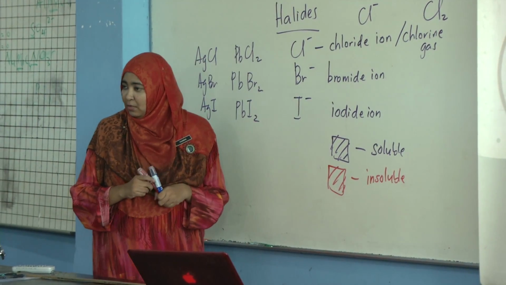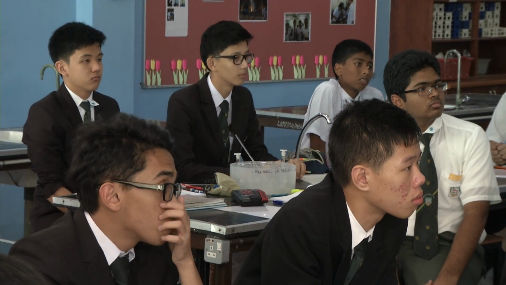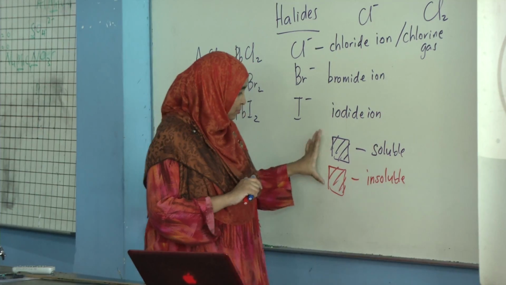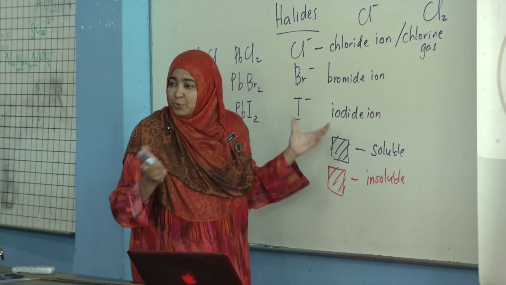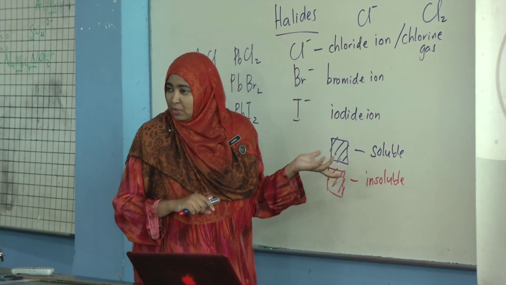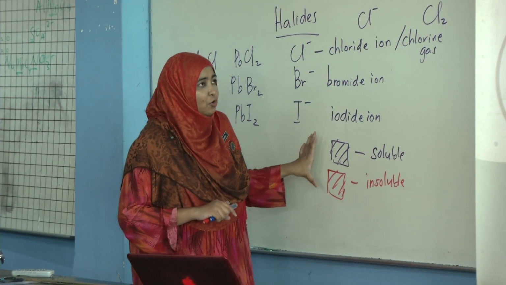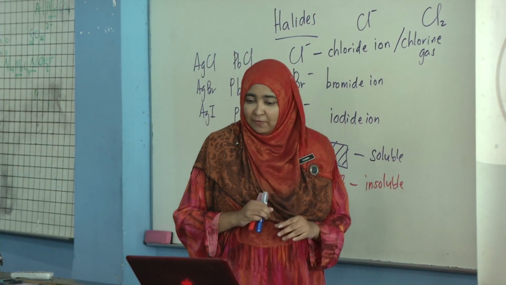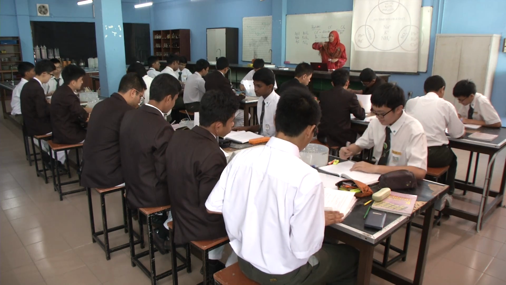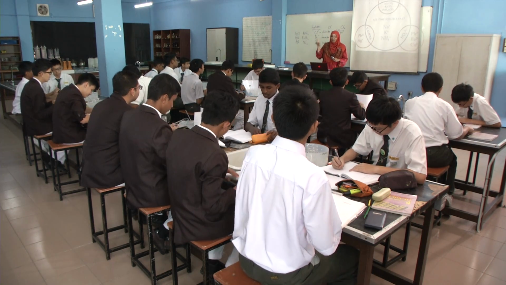Clear? So that next time when you reread this, if you don't put this label, how would you recognize which one is soluble and which one is insoluble? You can't. So draw now. Can I give you 5 minutes to settle it? Okay, just draw freehand. It doesn't have to be a perfect circle.